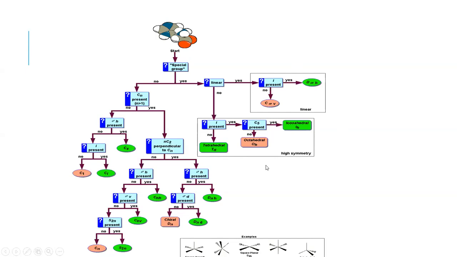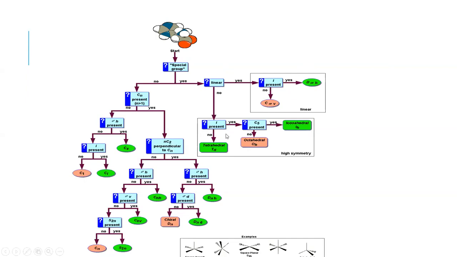Once again, I just want to say that the special groups are molecules that are either linear or have multiple Cn axes where n is greater than 2. If your molecule is linear with a center of inversion, then your point group is D infinity h. And if your molecule is linear and does not have i, then it should be C infinity v.